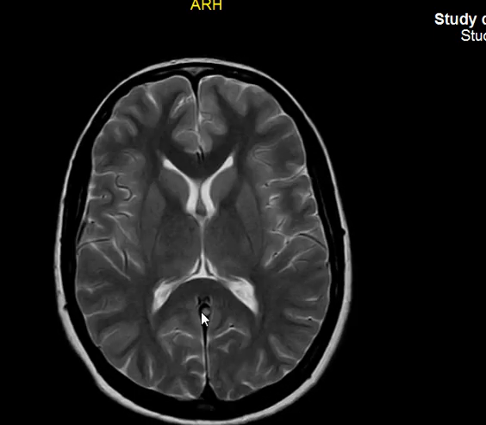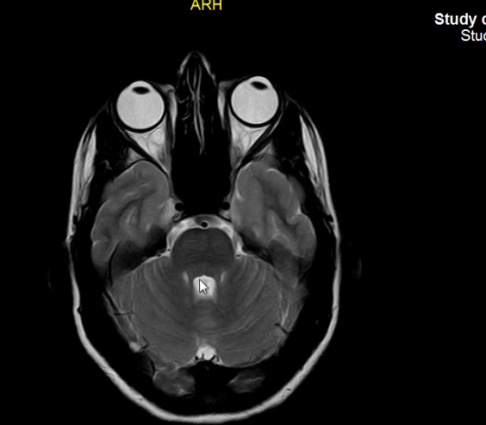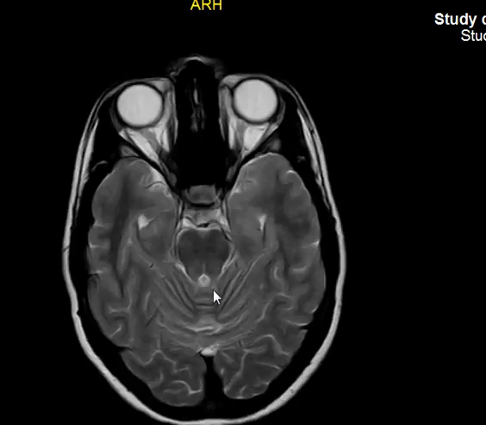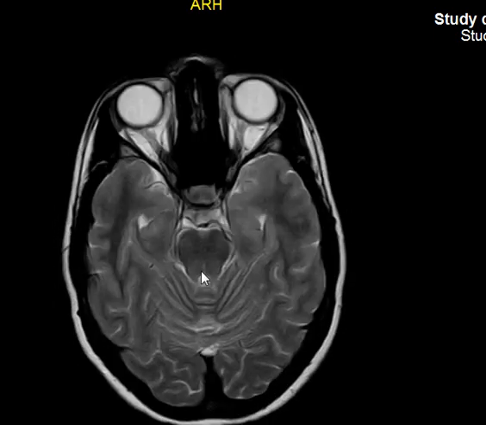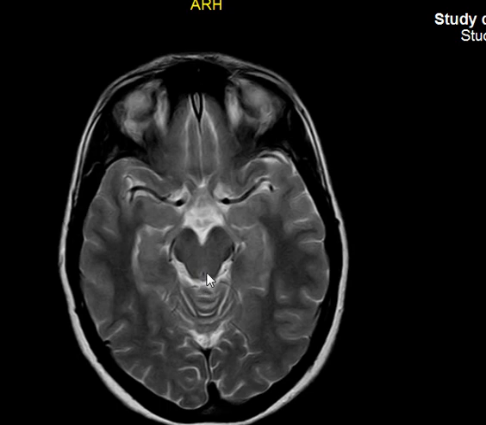Where is the fourth ventricle? If we go down further at the posterior fossa, infratentorially, you can see this cavity here. So, how does the fluid get from the third ventricle, this slit-like thing, into this cavity? By way of this tiny dot, called the cerebral aqueduct of Sylvius.